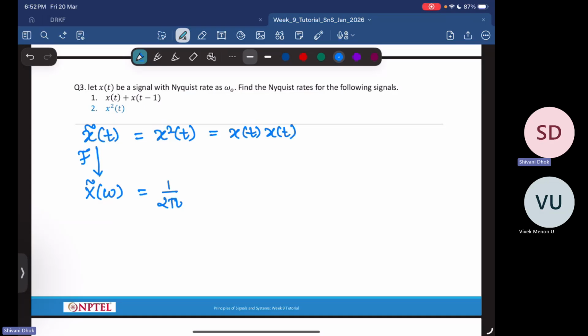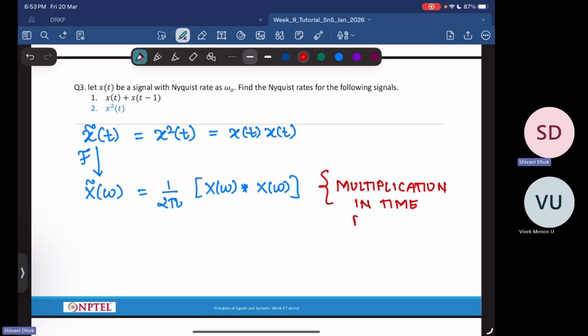So using the multiplication in time property, the Fourier transform of x tilde of t will be nothing but X of omega convolved with X of omega. Right. So this is coming from where? This is coming from the multiplication in time property.